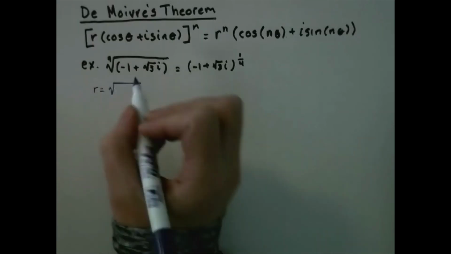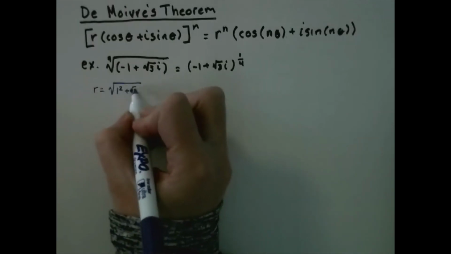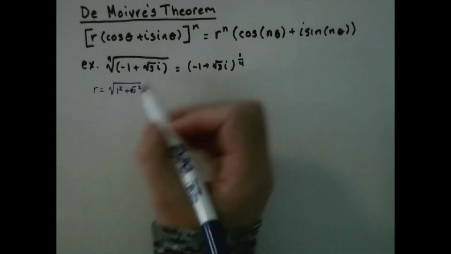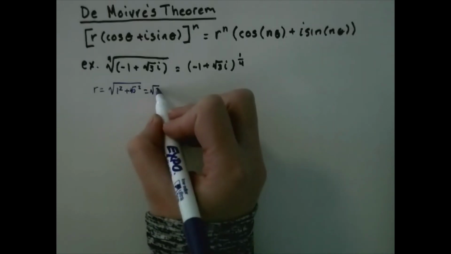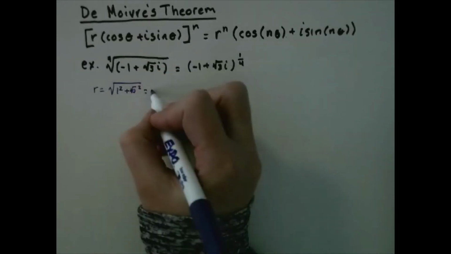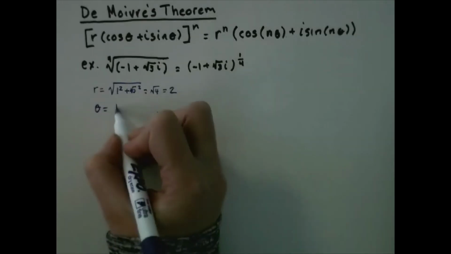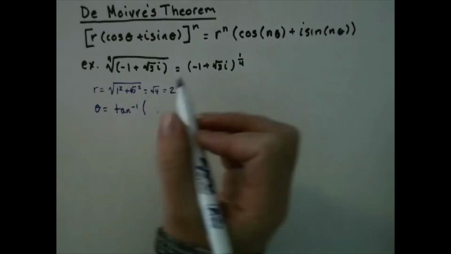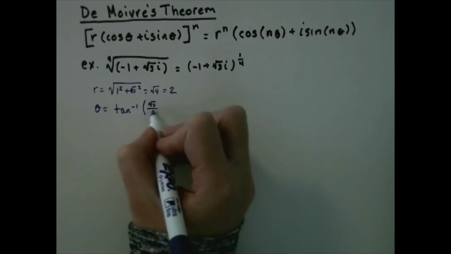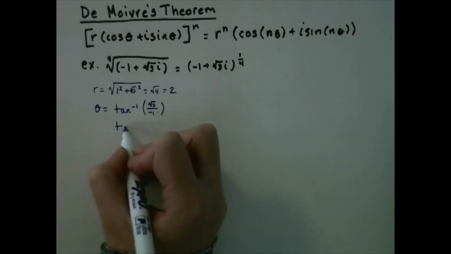Our r will be the square root of 1 squared plus root 3 squared, which is going to be 1 plus 3, which is root 4, which is 2. Theta will be the tangent inverse of root 3 over negative 1.